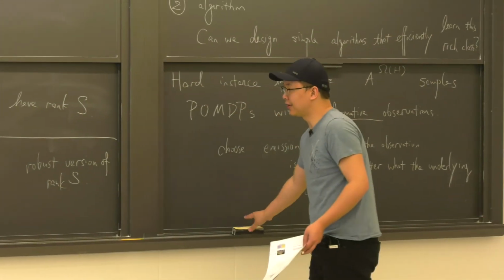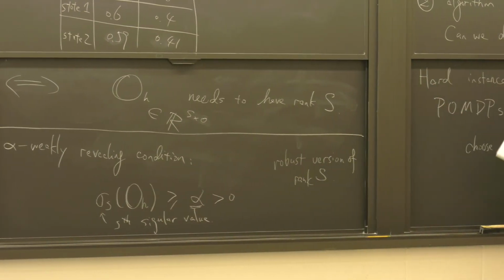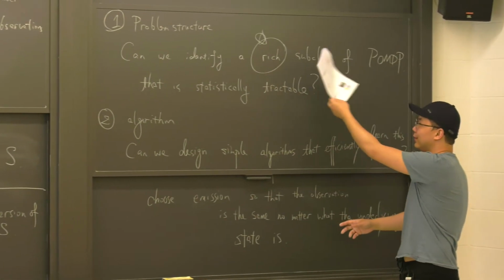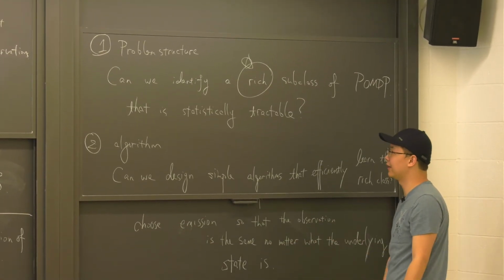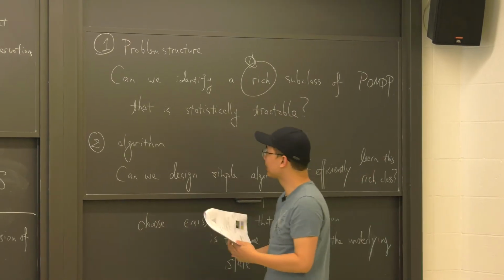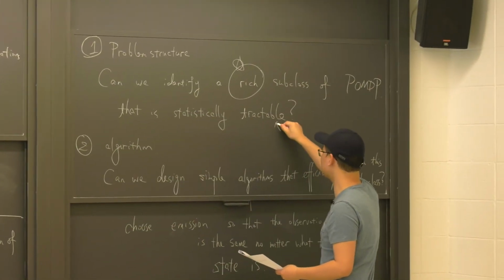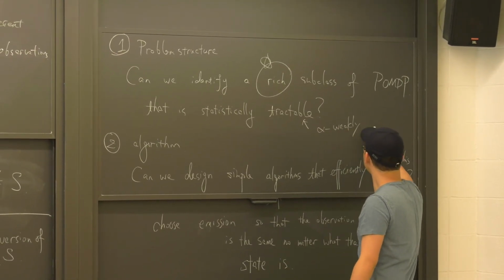So it turns out this alpha weakly revealing POMDP is the rich subclass we will see. This is actually already defined as a subclass of POMDP that is statistically tractable. So the first question is actually just the alpha weakly revealing POMDP.